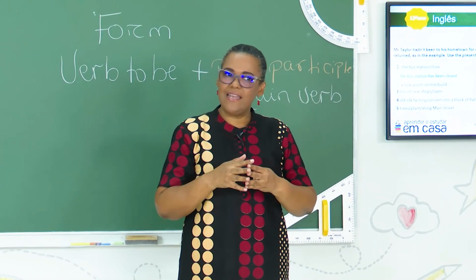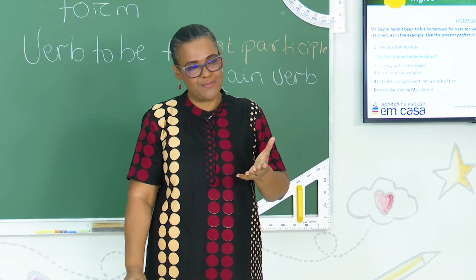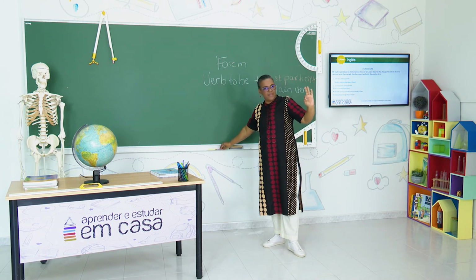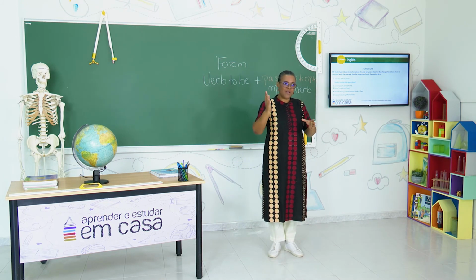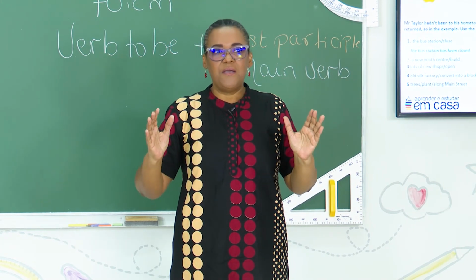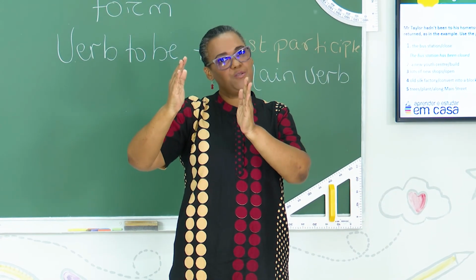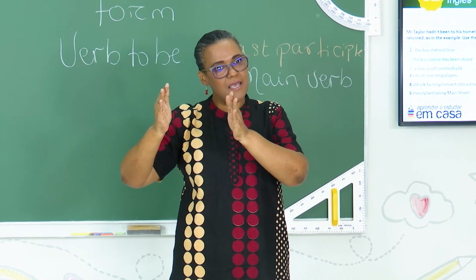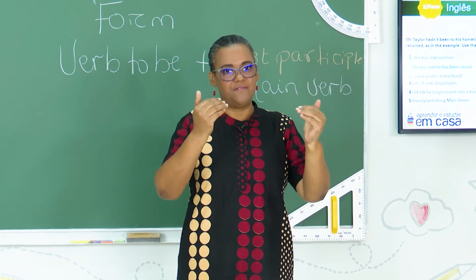I hope you understood it, and I hope that you are happy with the classes. So, this is our third class, Aprender a Estudar em Casa. And today what we did, to summarize, we talked about passive voice. What is passive voice? Generally speaking, the passive voice is the verb to be in the same tense of the active sentence plus the past participle of the main verb.